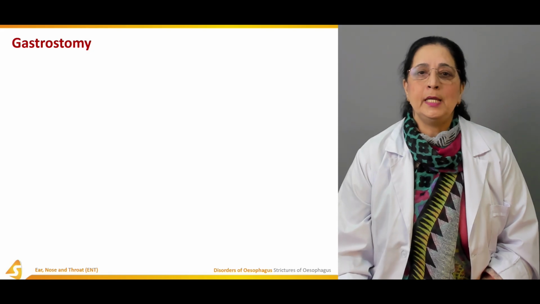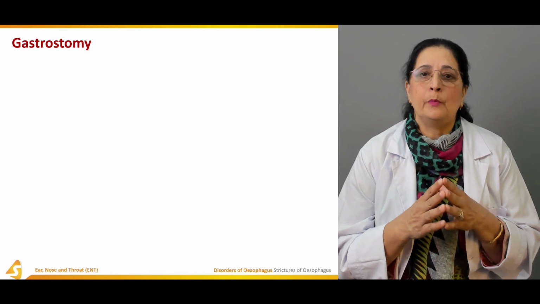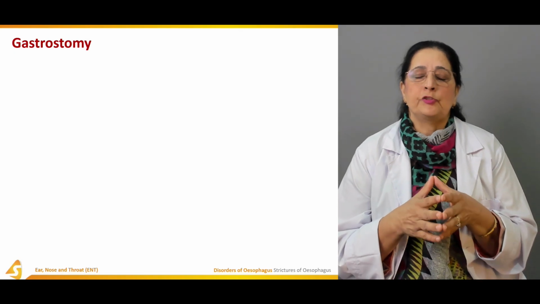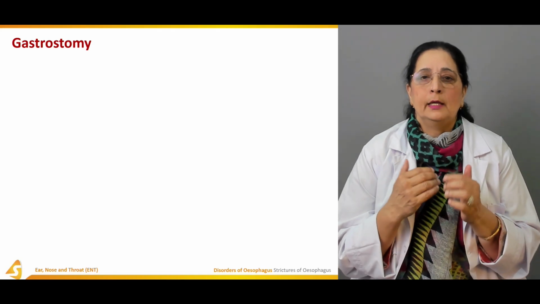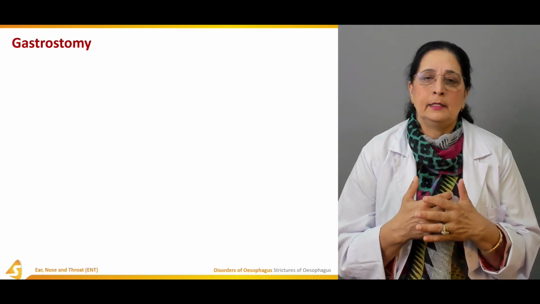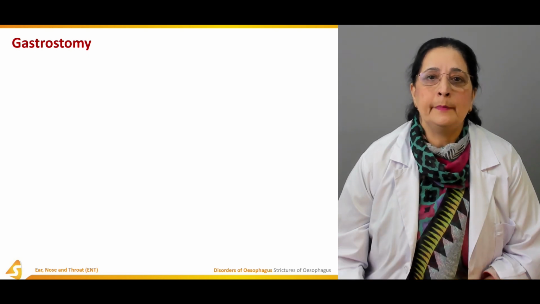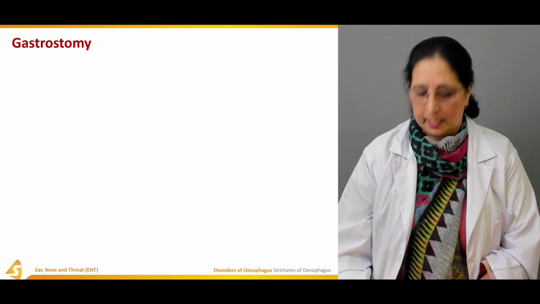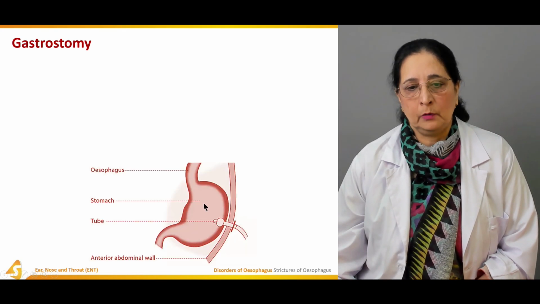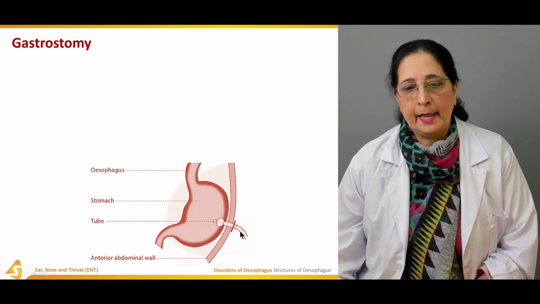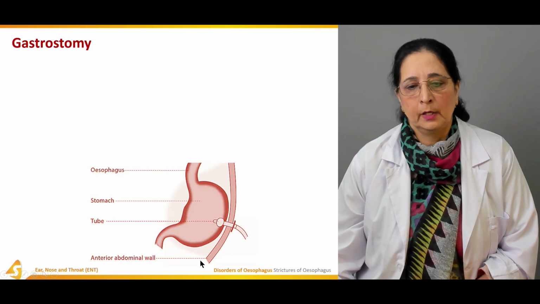Gastrostomy. Ostomy means opening. When the strictures become so bad that reconstruction and bypass are not successful or effective, a gastrostomy, an opening, is made or created in the stomach. This is the esophagus. It opens into the stomach, and that's the gastrostomy tube.